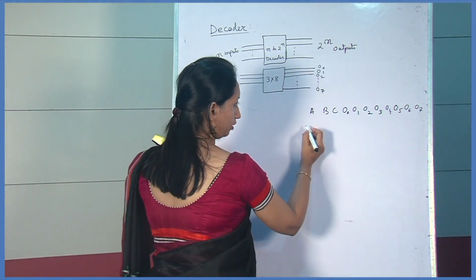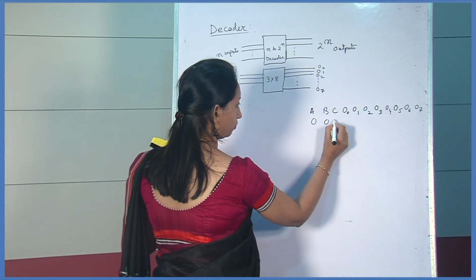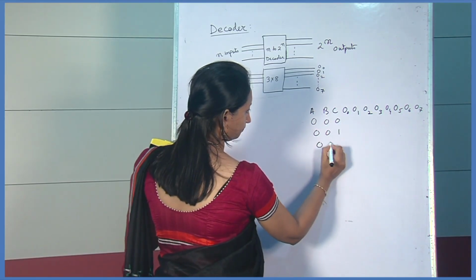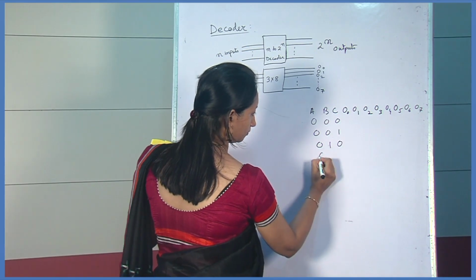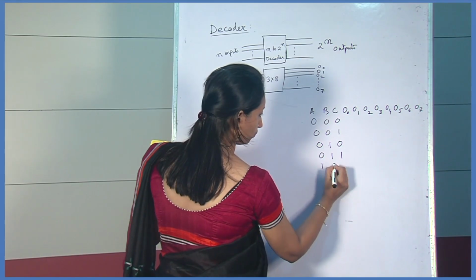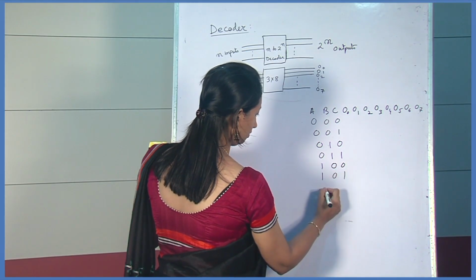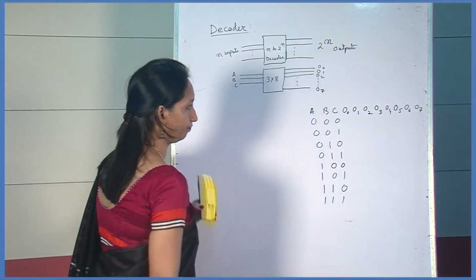For the 3 inputs, what are the combinations? First is 0, 0, 0, then 0, 0, 1, then 1, 0, 0, then 1, 0, 1, 1, 1, 0, and last is 1, 1, 1.